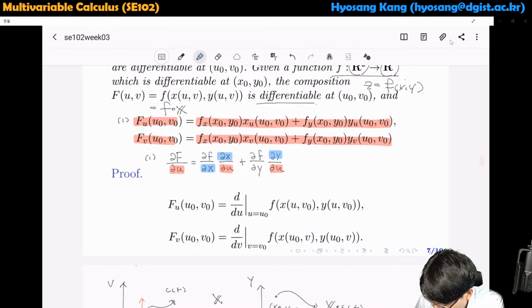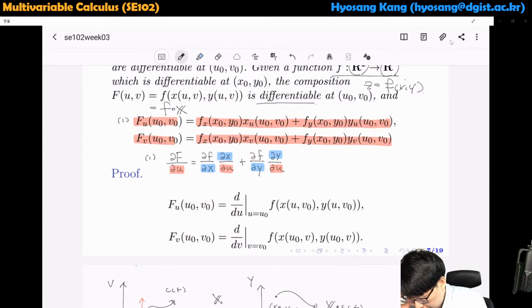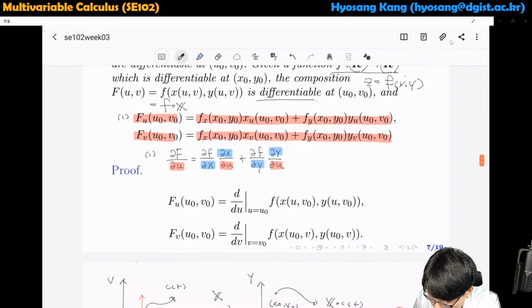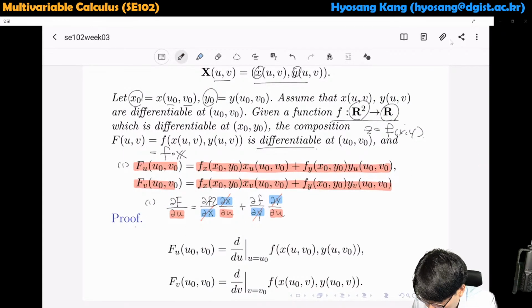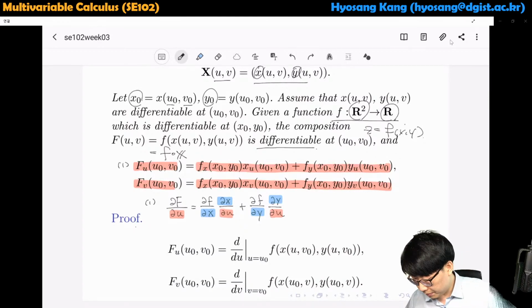So x and y appear in between. It is not intuitively correct, but an easy way to remember is that you simply eliminate the intermediate dx and dy, so that you finally compare the difference in the function f with the difference in the variable u. But that's not the recommended way to remember the formula.